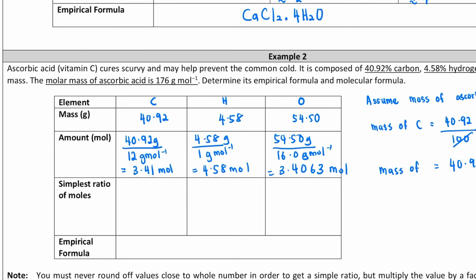Right, settled there. Next, we need to determine the smallest number of mole. The smallest one is this one, or almost the same. These two are almost the same, but I would say this one is smaller, because it is not for 1, it is still for 0. So let us use this one as our smallest number of mole. All the number of mole need to be divided by this smallest number of mole.